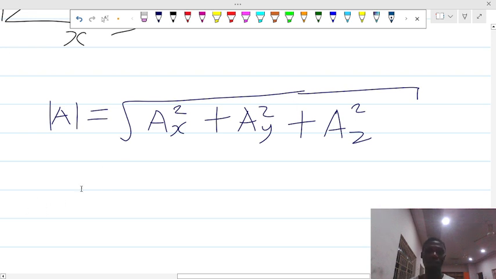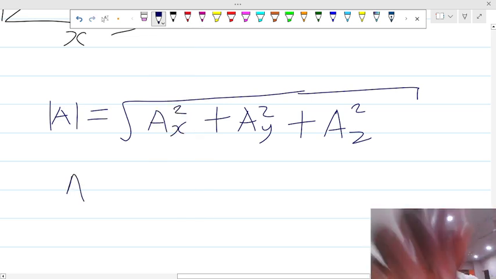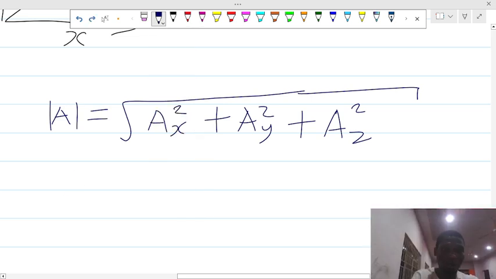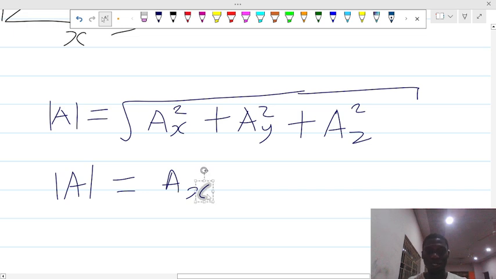So for a one-dimensional vector, we just have the magnitude of A, which equals the absolute value of A. Whether it's x or whatever direction, it should just be like that.